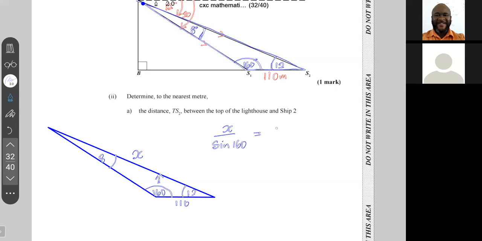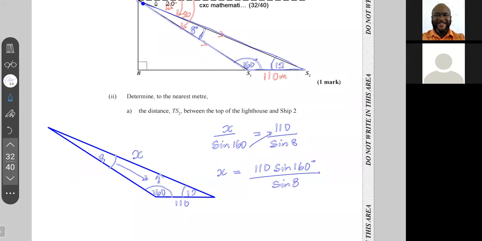And this is equal to 110 over the sine of the angle in front of 110, which is the 8. So it's the sine of 8. I'm going to do a half cross multiply and bring this over here. We have X is equal to 110 sine of 160 degrees over the sine of 8.